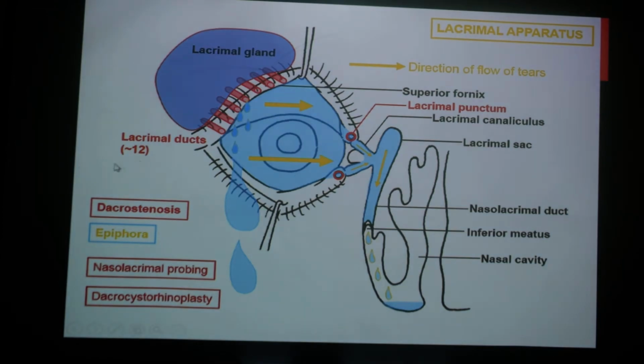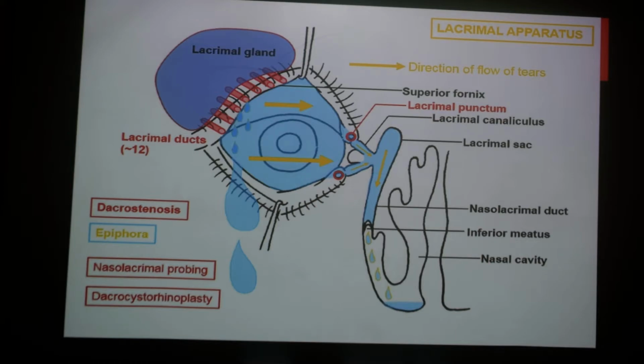So you can see it here. If there is an obstruction of the duct, then we call it dacrostenosis. And if there is an inflammation of the lacrimal sac or the canaliculi, that is called dacryocystitis. So if you use these terms, dacrostenosis or dacryocystitis, you should know.